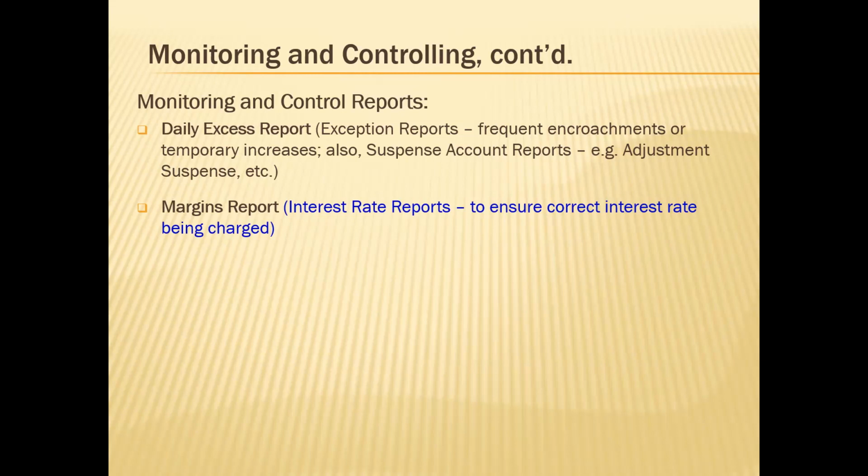Okay, and so some of the red flags would be, for example, if we know consumer loans attract interest rates in the area of say 14 to 16%, but then we see a 12% interest rate on a particular loan, we should look at that to see, why is that interest rate at 12%? Was that an error, or was there a reason for it?